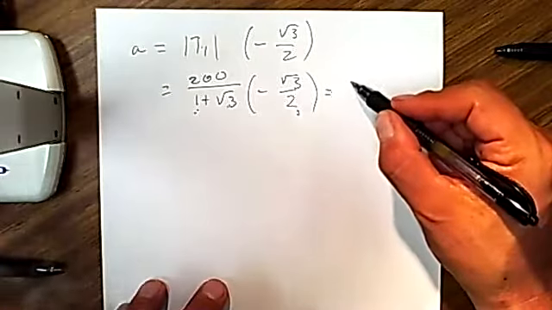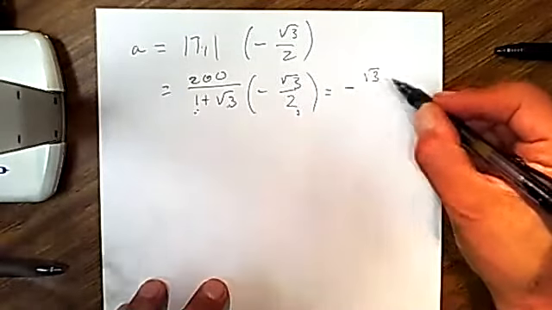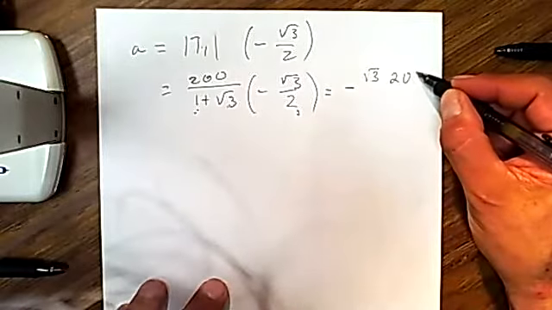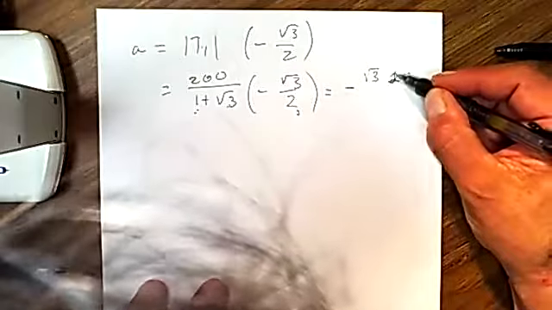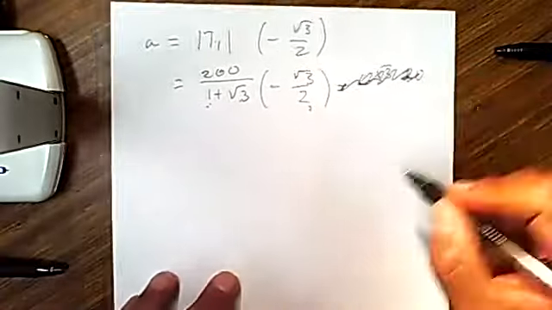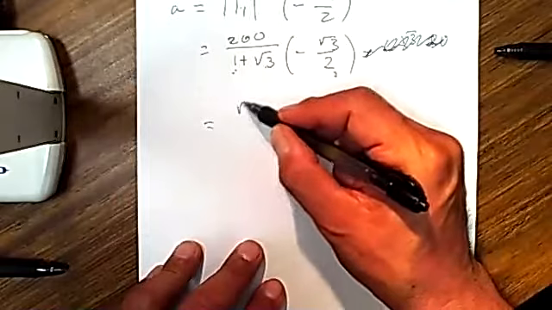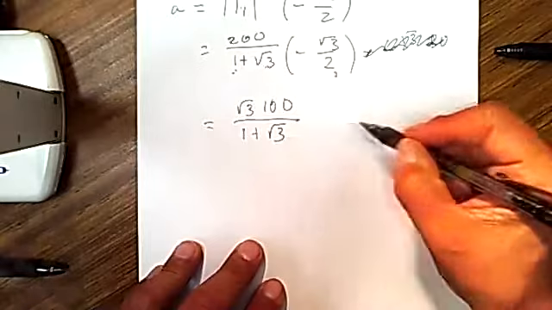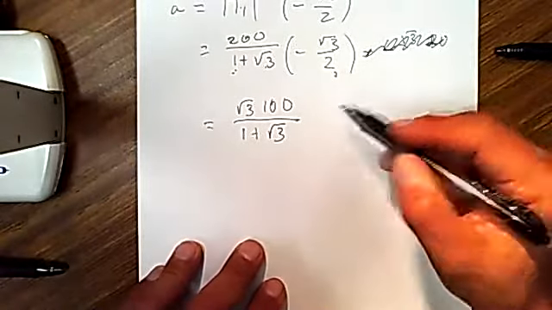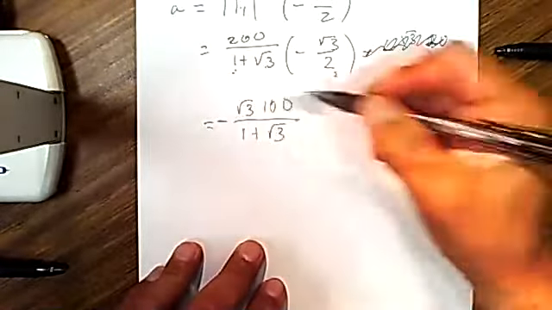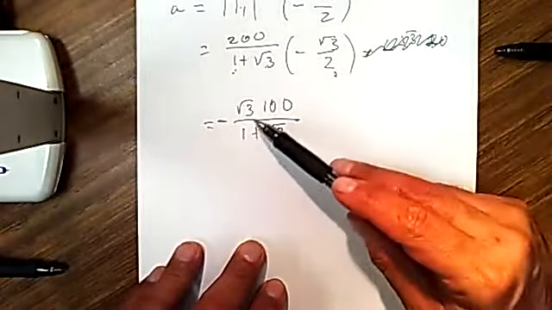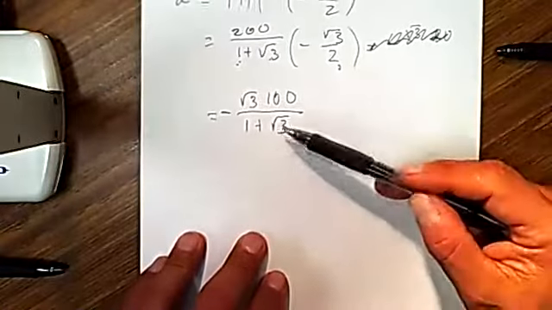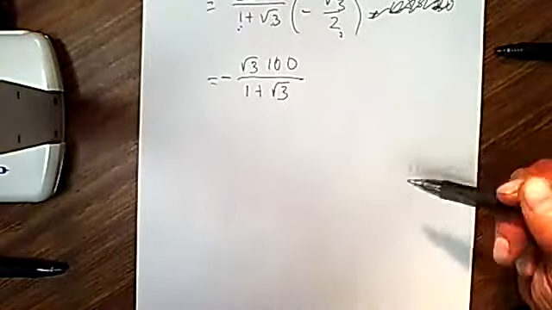So we end up with negative square root of 3 times 100, because remember, let me write it underneath. Sorry about that again. This is square root of 3, 100 over 1 plus the square root of 3. And that's it. Oh, no, there's a negative because A goes to the left. So negative square root of 3 times 100, because the 2's simplify, 1 plus the square root of 3 stays in the denominator, so we're good.